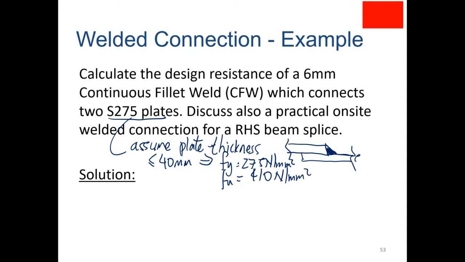Okay. We know that the design shear strength of the fillet weld is equal to Fu divided by square root of 3, so that's basically the shear strength of the weld material, divided by beta W times gamma M2.